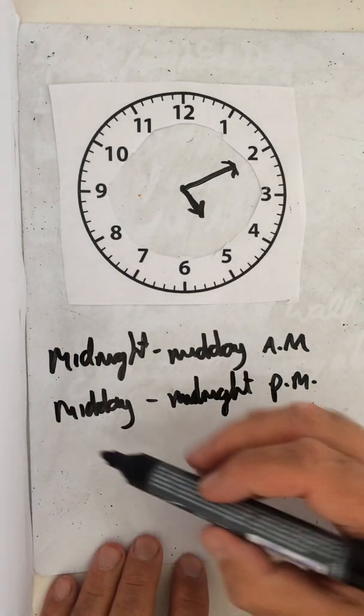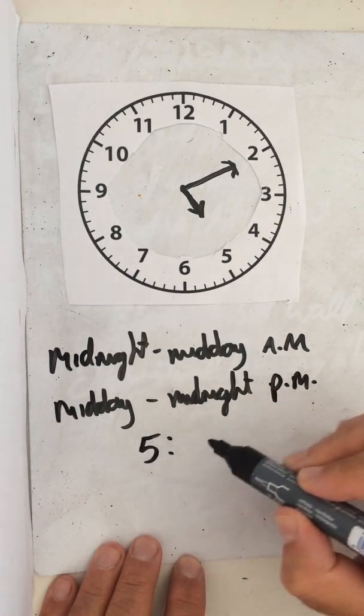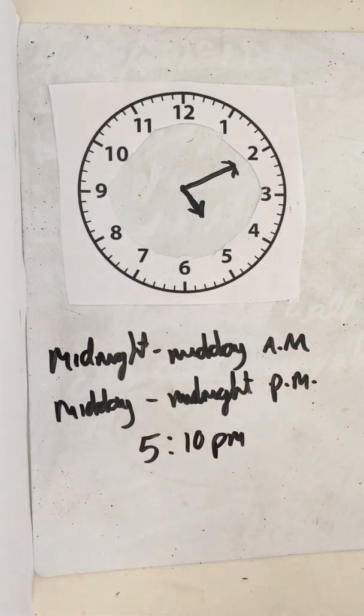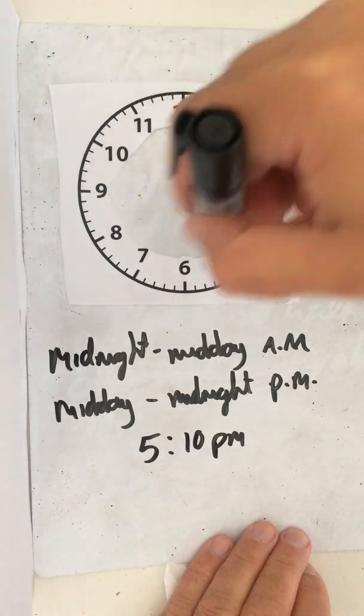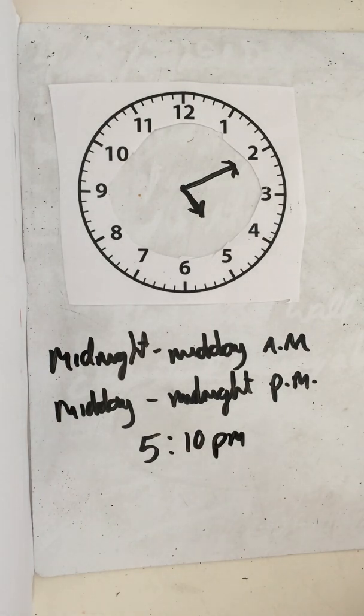On our digital clock it would be 5:10 PM, and that's our 12-hour clock. Remember, the hour hand goes around twice, and the minute hand will go around 24 times. So that would be your AM and PM.